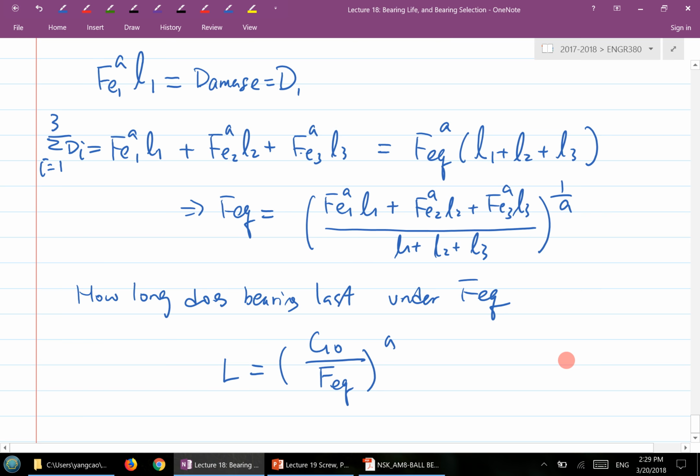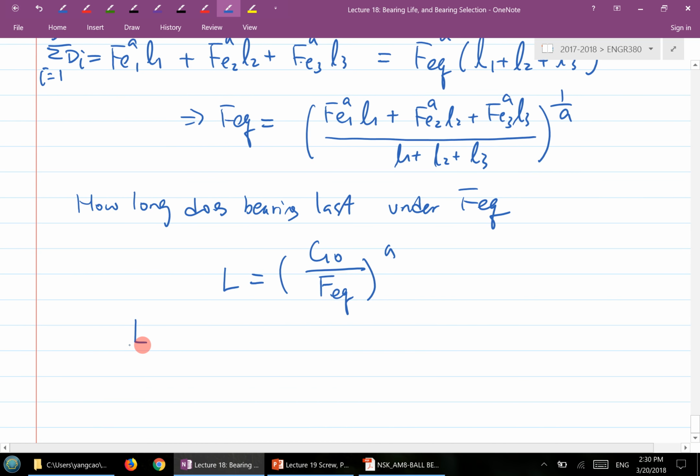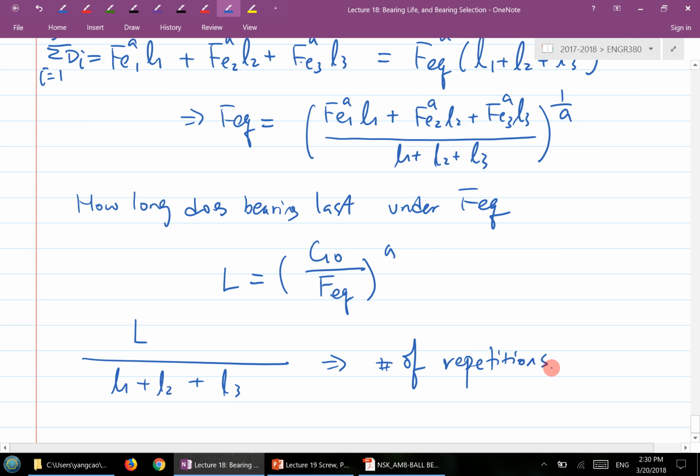That's how long the bearing will last under the same force FEQ. If the bearing can last this much longer, L here, then all we need to do is divide L by L1 plus L2 plus L3, and this will give us the number of repetitions. So that problem is solved.